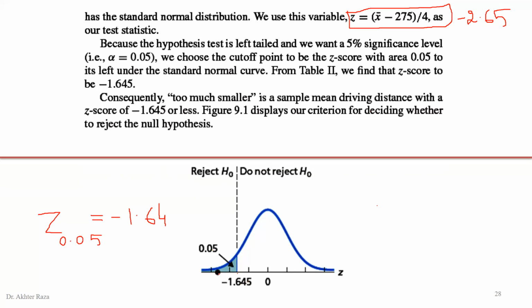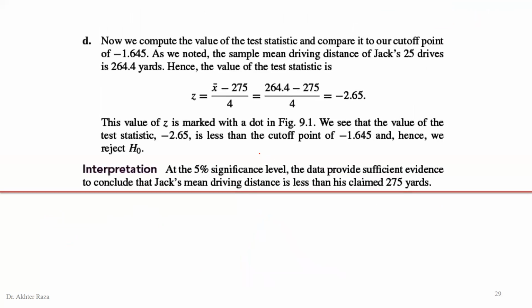Our decision will be data provides sufficient evidence in favor of H1 and we will reject the null hypothesis. This is our decision. At 5% level of significance, data provides sufficient evidence to conclude that Jack's mean driving distance is less than his claimed 275 yards.